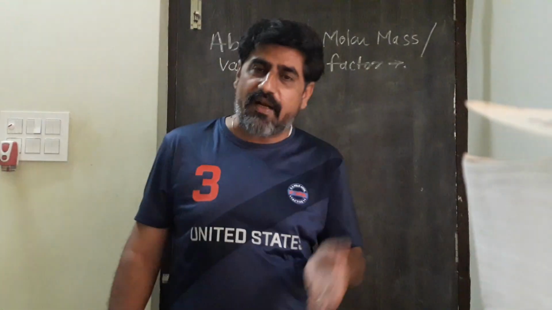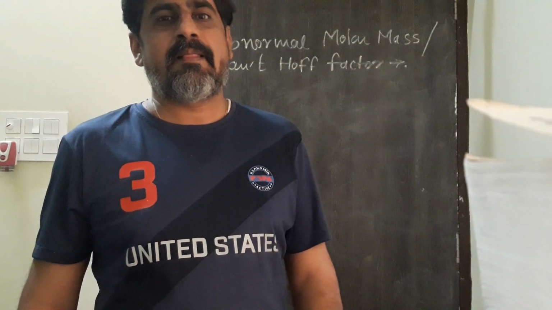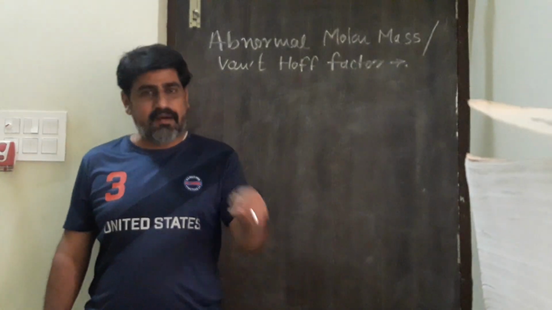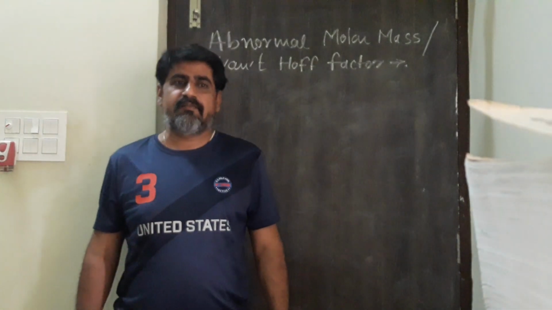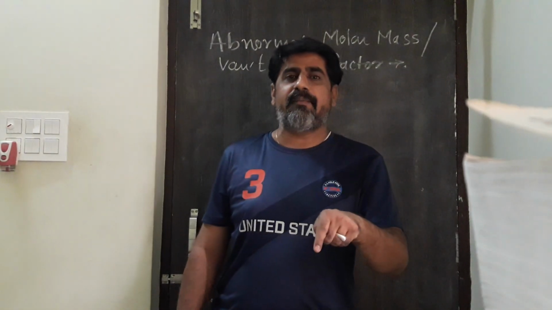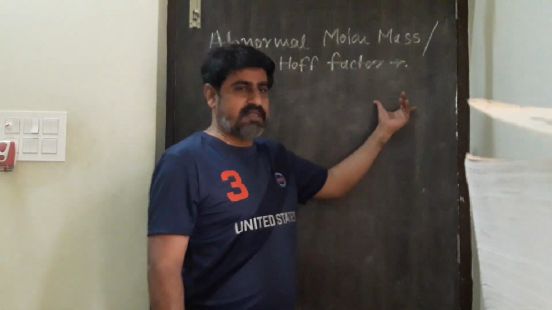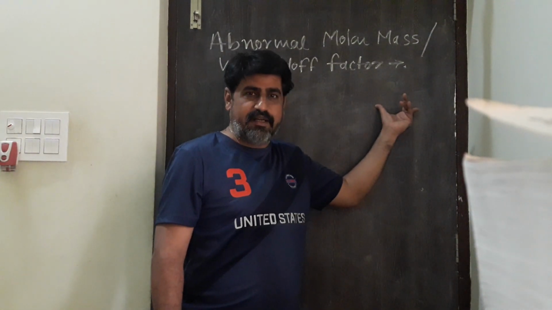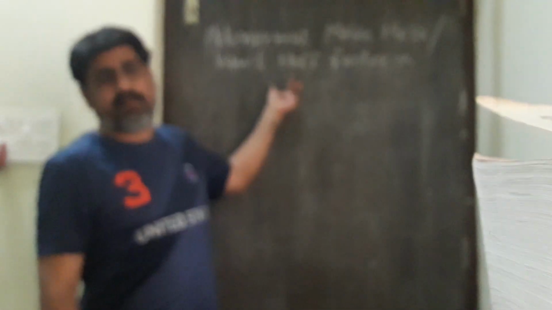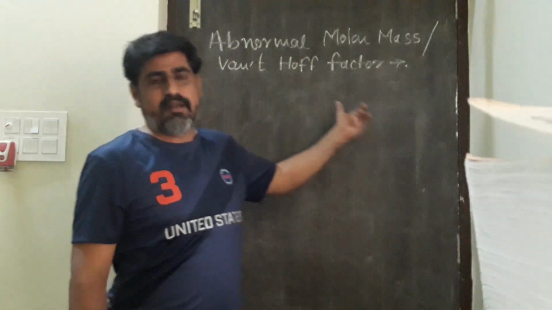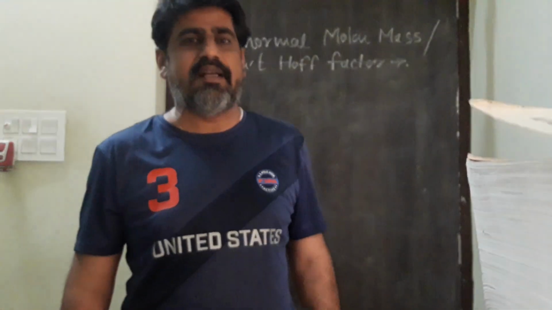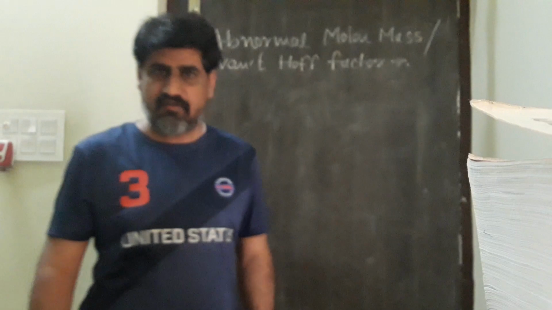Hence, when we calculate colligative property in terms of number of solute particles, its value is reduced. Molar mass is inversely proportional to colligative property, so it always comes in the denominator, not the numerator. If molar mass increases, colligative property decreases. If colligative property increases, molar mass decreases. Since the number of solute particles decreases, colligative property is reduced and the molar mass increases. It is known as association.